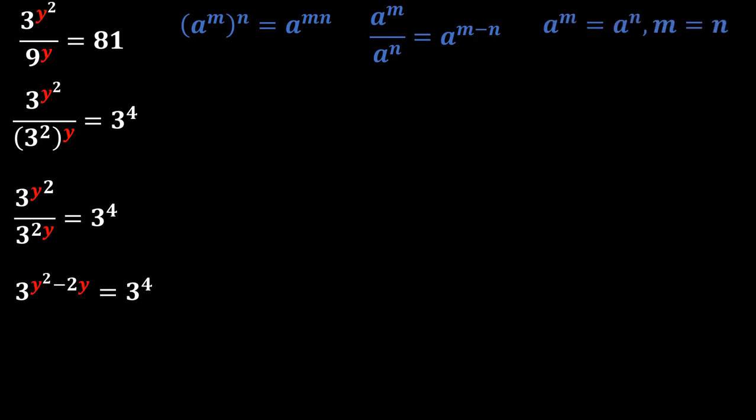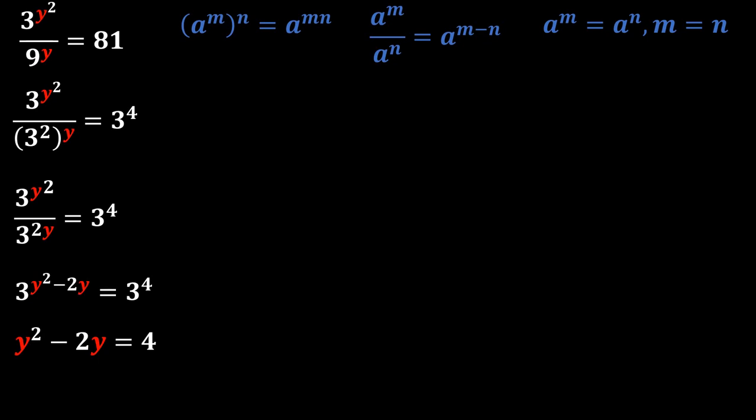Now we can apply another exponent property, that when our bases are equal to each other, so a to the power of m is equal to a to the power of n, we can set m and n equal to each other. So in this case, we would have y squared minus 2y is equal to 4.